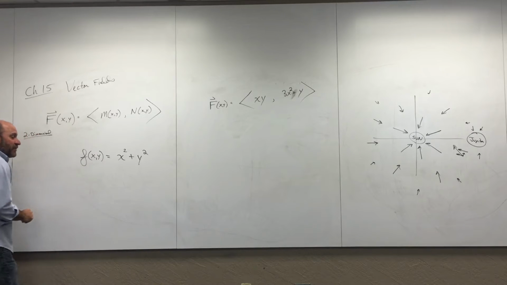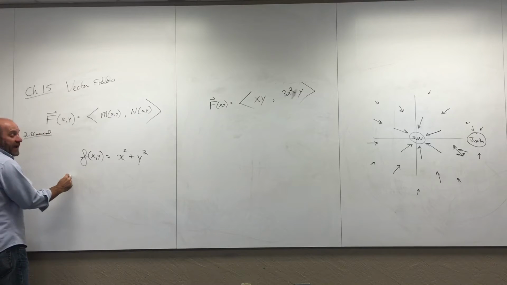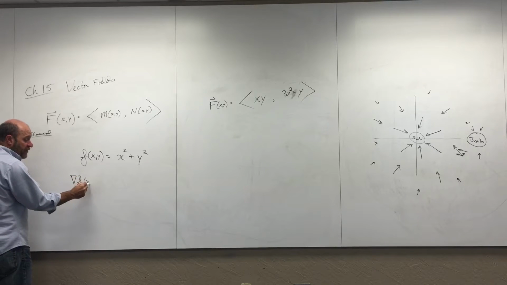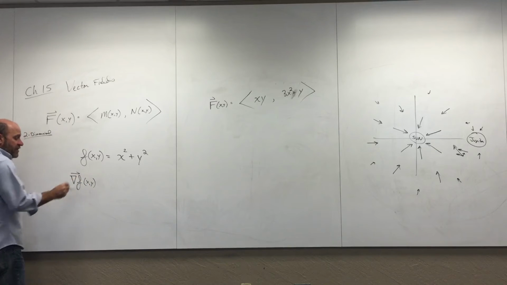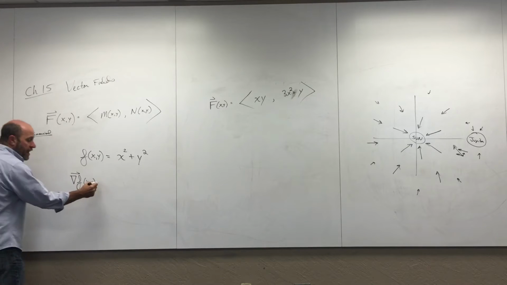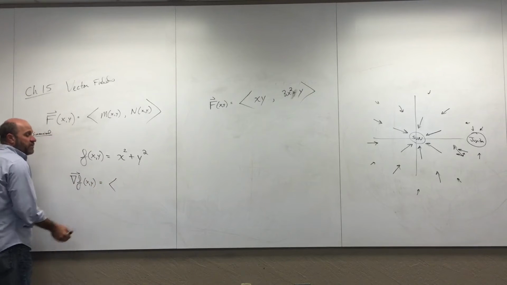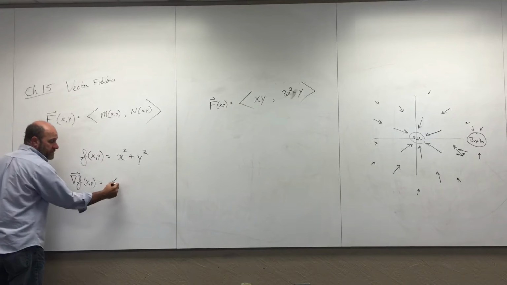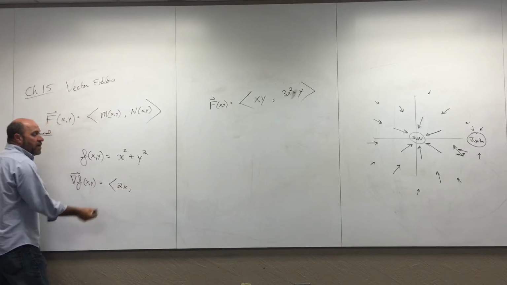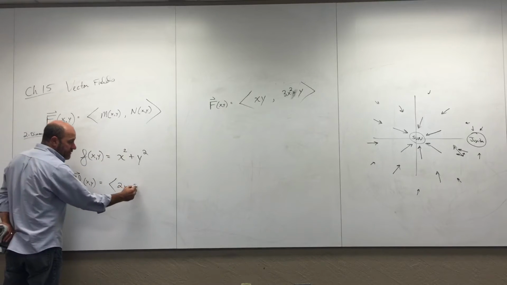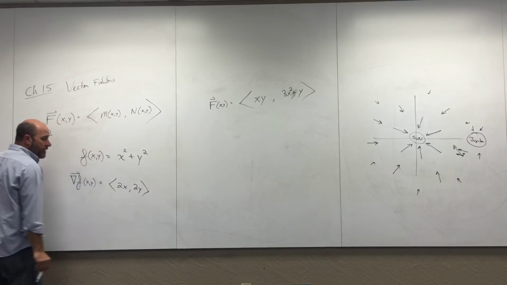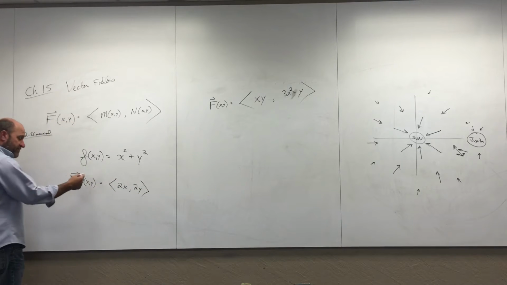In chapter 13 or so, I would ask you to find the gradient. And the gradient technically was a vector field. Usually you maybe didn't think of it like that. The gradient was a vector: the partial derivative with respect to x, 2x, comma, partial derivative with respect to y, 2y. That was the gradient.